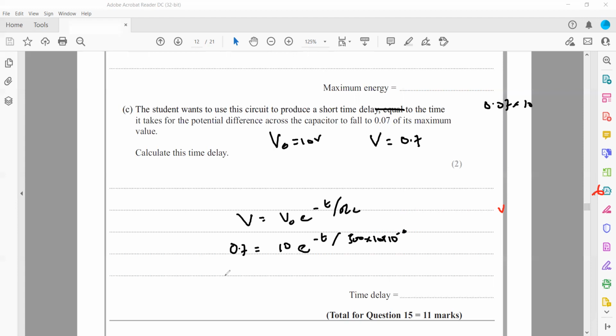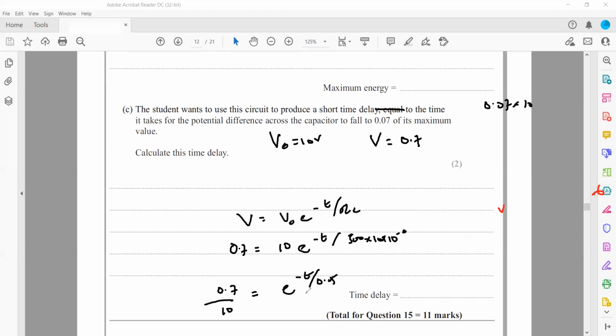When we simplify, we'll take ln. So 0.7 divided by 10 is equal to e raised to the power minus T over 50,000 divided by 1 million, that is 0.05.